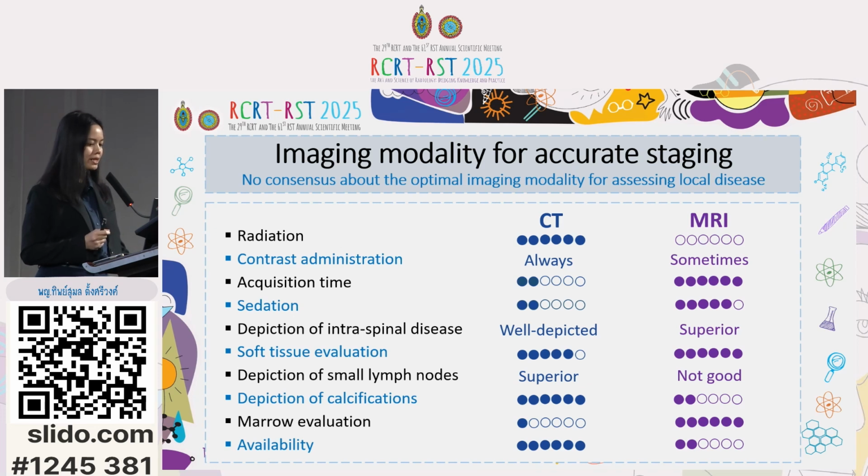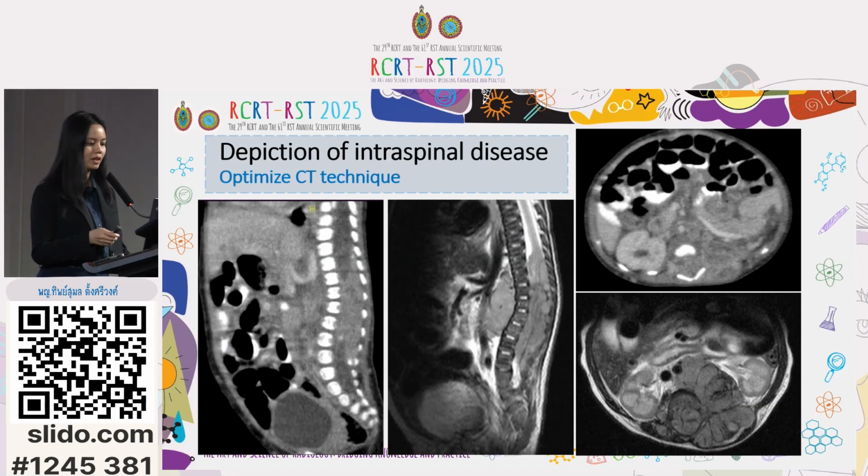In summary, CT is fast, widely available, and excellent for calcification and general staging, while MRI provides better soft tissue contrast and avoids radiation, but takes longer and often requires sedation. The choice depends on clinical context, resources, and patient needs. Now, let's move on to the cases.